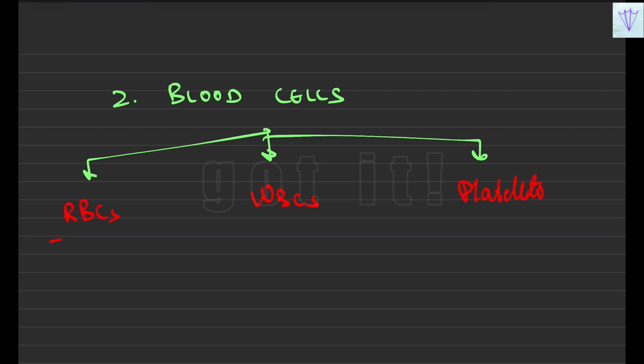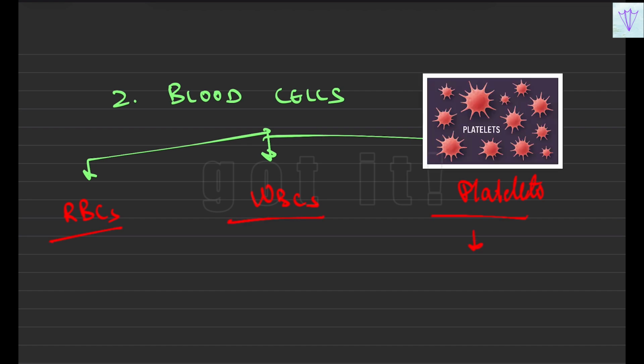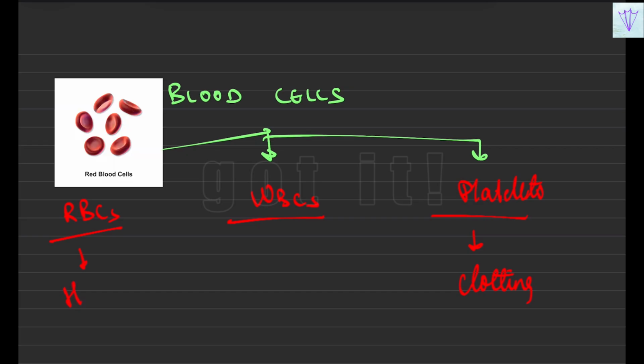So RBC is red blood cell, WBC white blood cell, and platelets. So platelets will help in the clotting of blood, and RBC will contain the red pigment, that is hemoglobin, which is an iron rich protein, and it will help in the transport of oxygen.